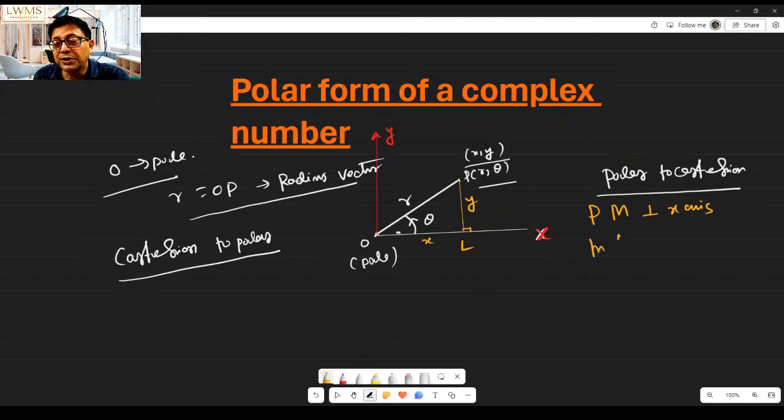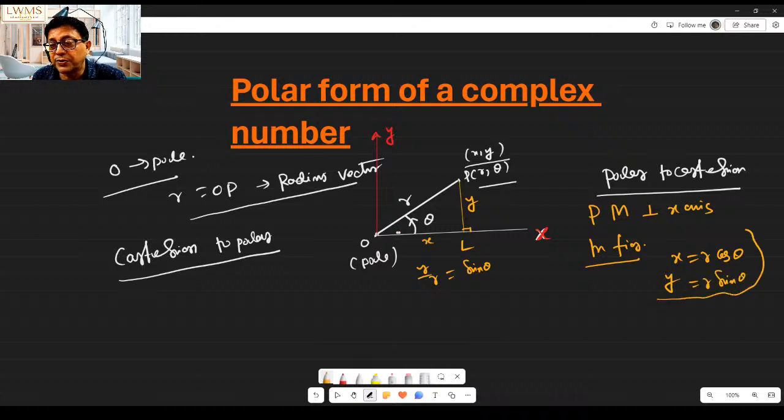So in this diagram, x is r cos theta, and y is what? You can see that y by r is sin theta, isn't it? So y is r sin theta, and this way we can convert polar (r, theta) to Cartesian form (x, y).